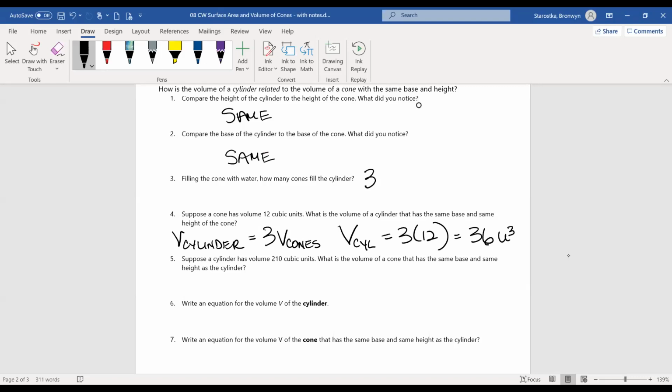Working backwards, suppose the cylinder has a volume of 210 cubic units. So we could say 210 equals 3 volumes of cones. And we can divide to find the volume of a cone, in this case 210 divided by 3, 70 units cubed.